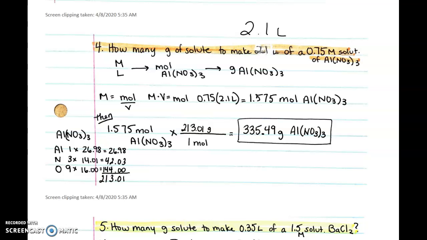It wants me to convert it into grams, because if I'm making the solution in the lab, I don't necessarily say, oh, well, I'm going to put this many moles of my solid on my scale, and my scale does not read in moles. It reads in grams. So I have to then change it from moles of aluminum nitrate to grams of aluminum nitrate.